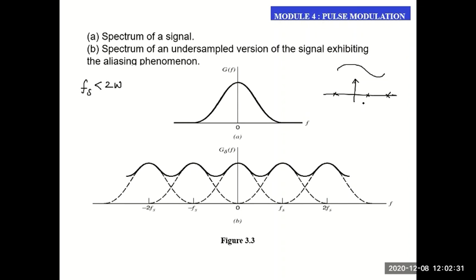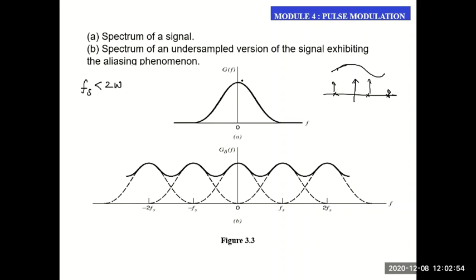This TS will not be 1 by 2W, but it will be less than that. So I have one sample here, one sample here, one sample here, something like that. With just 3 or 4 samples, how can you recover the shape of the signal correctly? That's when this aliasing happens, one of the reasons.